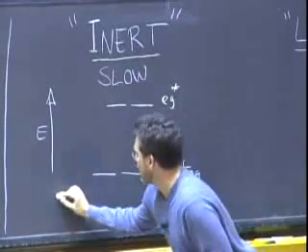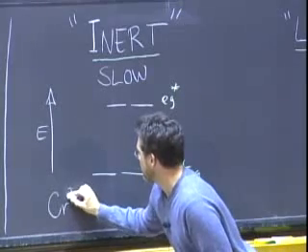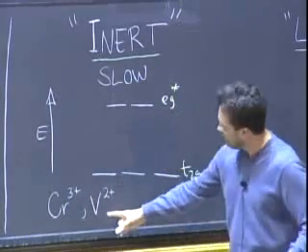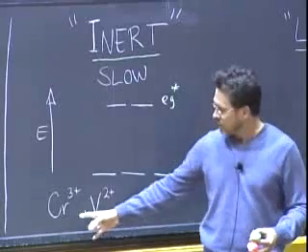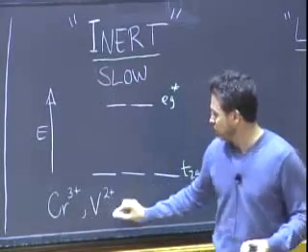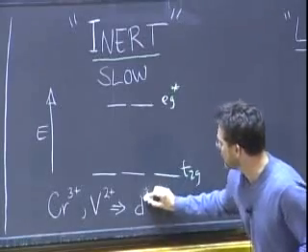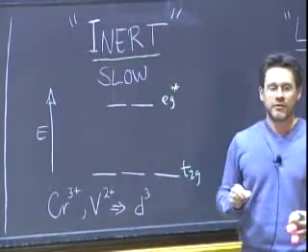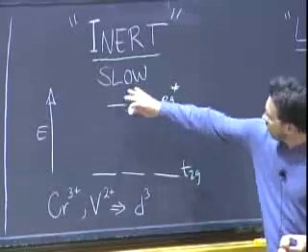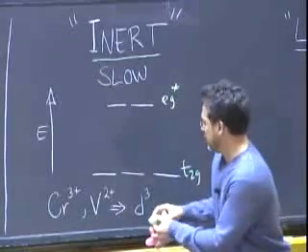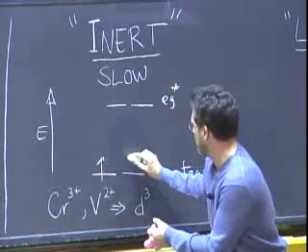In the case of chromium 3+ or vanadium 2+, since vanadium is in group 5 and chromium is in group 6, both of these metal ions have a d3 electron configuration. And so when we populate our d orbital splitting diagram for these two systems, here's the result.